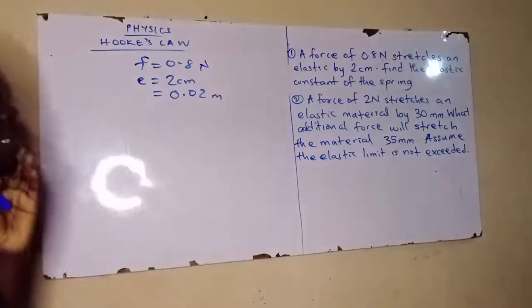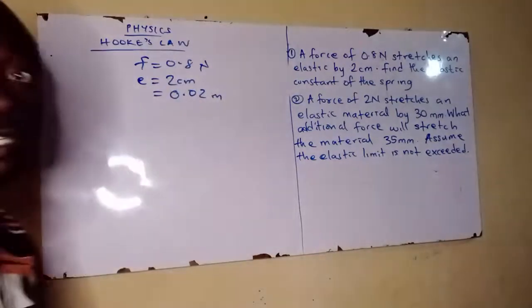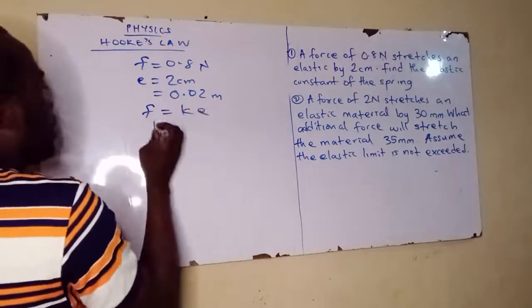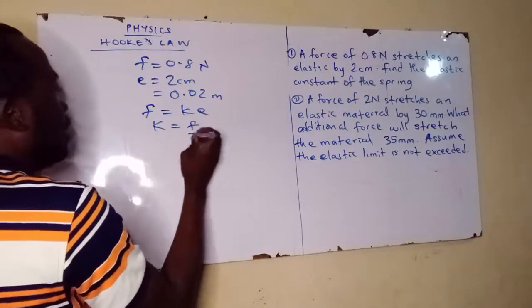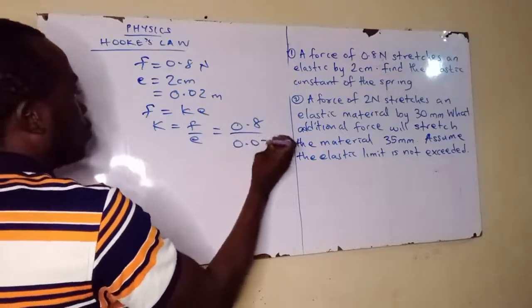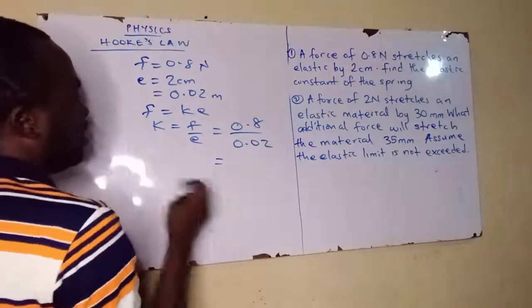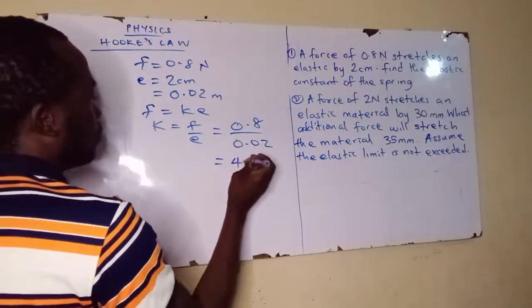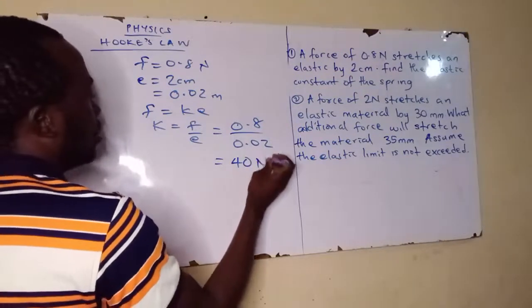Find the elastic constant of the spring. We know that F is equal to Ke. That means K will be equal to F over E, which is 0.8 over 0.02. So this is going to be 40 Newton per meter.